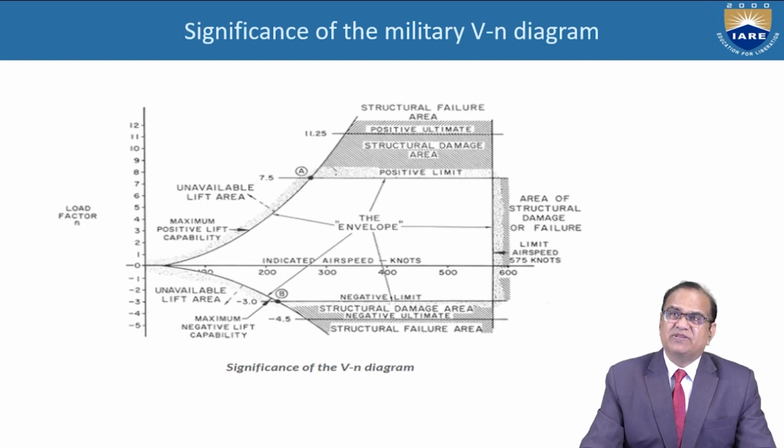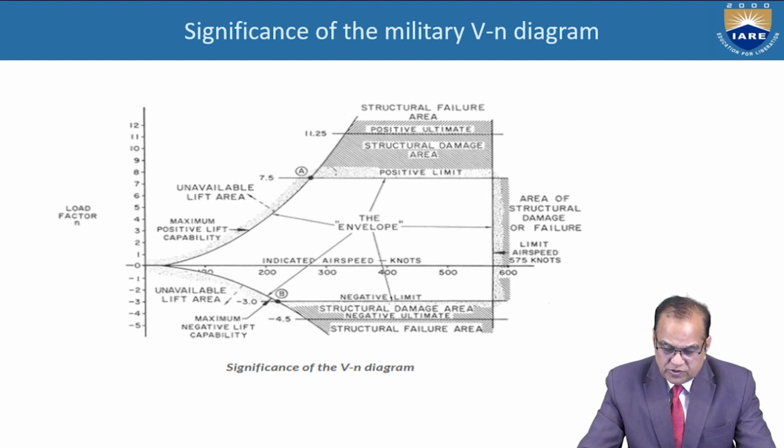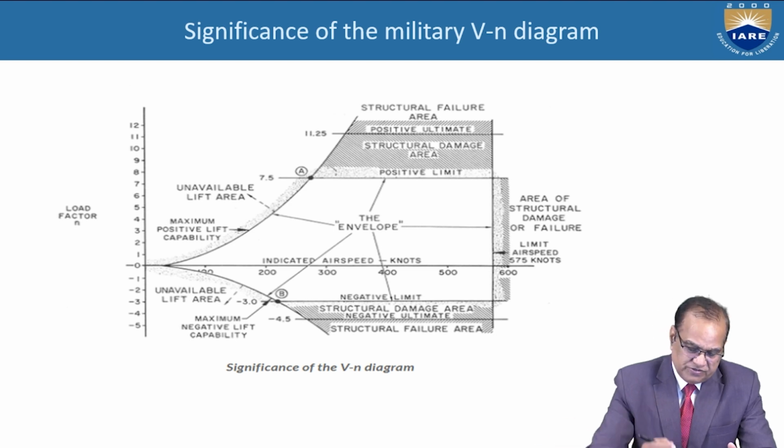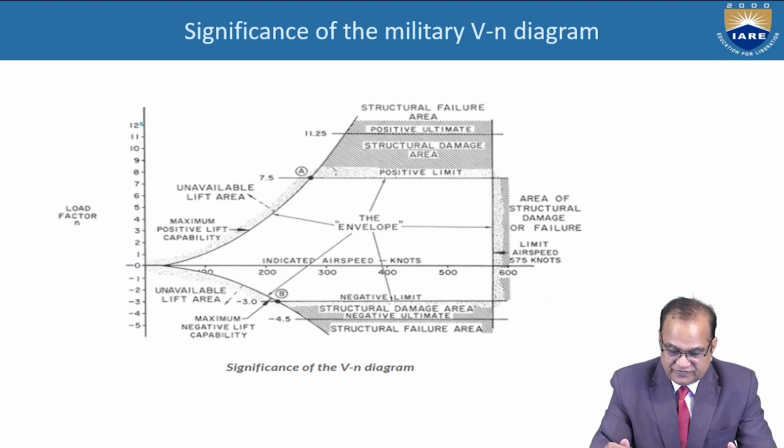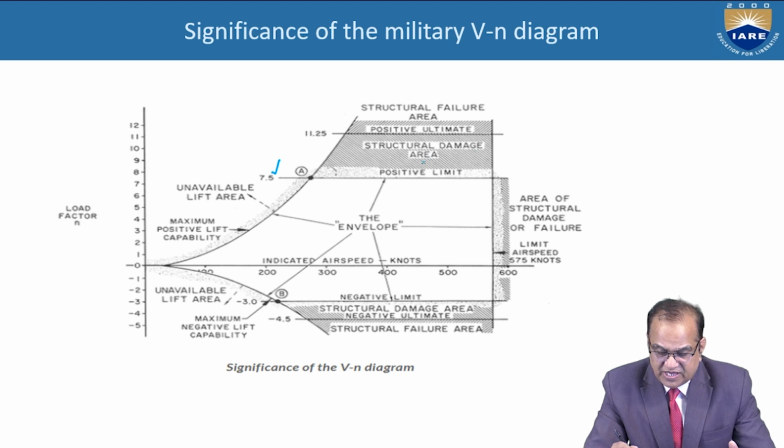So, the significance of the military VN diagram. Previously we have seen commercial or other aircraft, but now here, military aircraft. You can see 0 to 12. This is the 7.5 military aircraft. This is the positive limit, and here minus 3 is the negative limit.